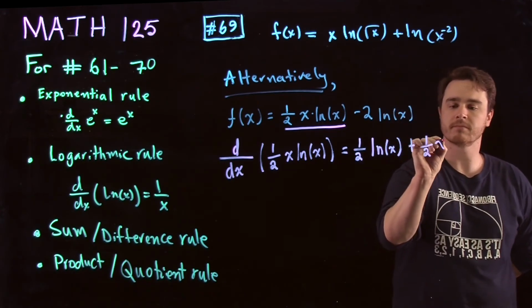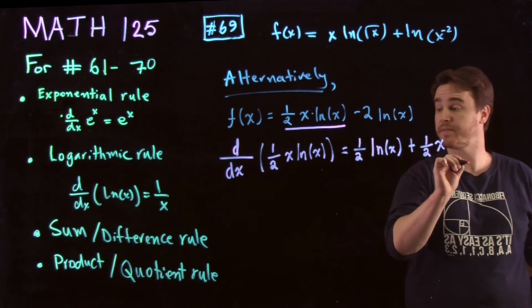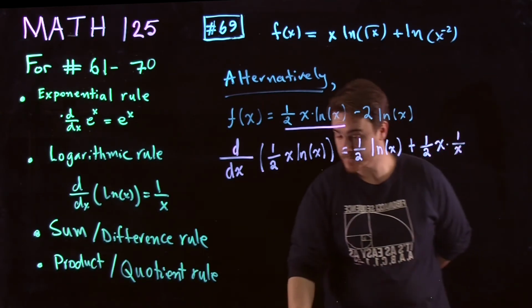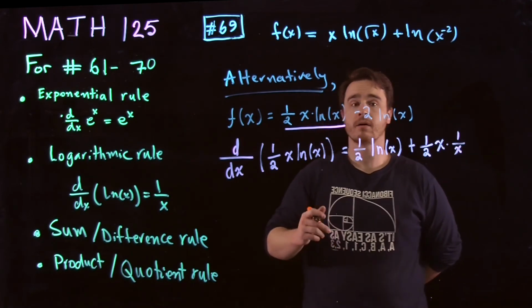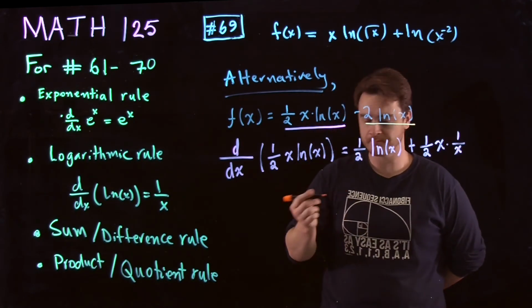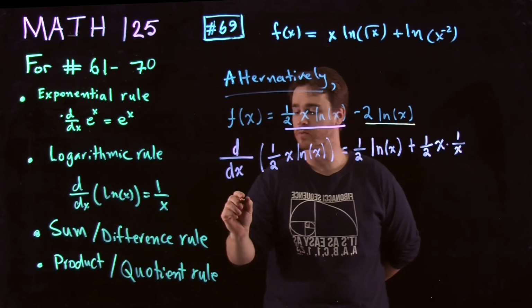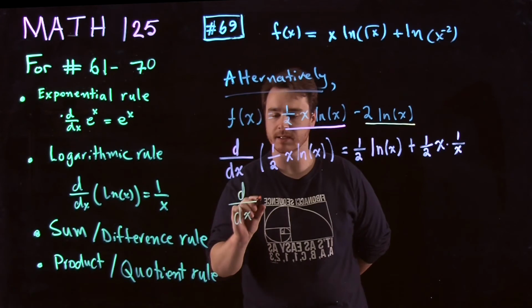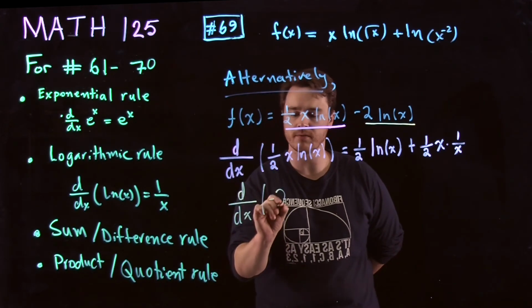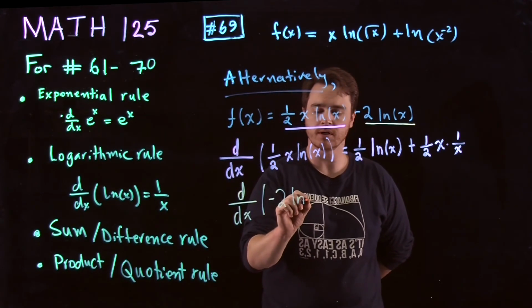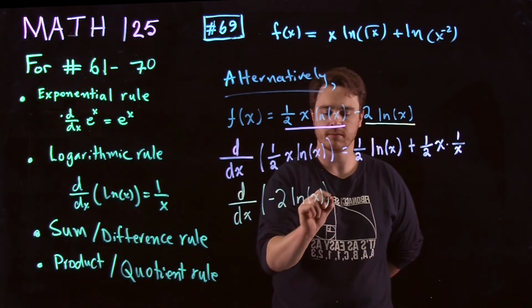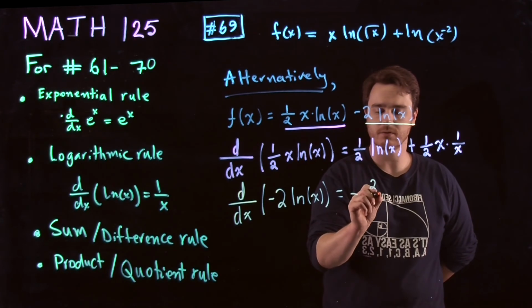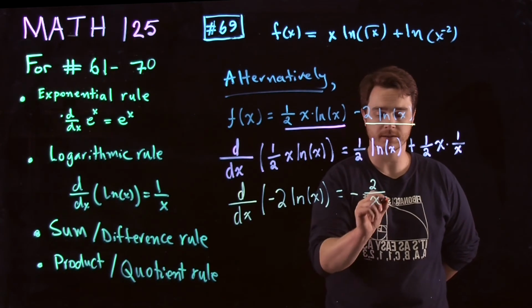We leave the first term alone, and then derivative of natural log of x, which is 1 over x. As for our second term, this is just our rule here. So the derivative with respect to x of negative 2 natural log of x is nothing more than negative 2 over x.